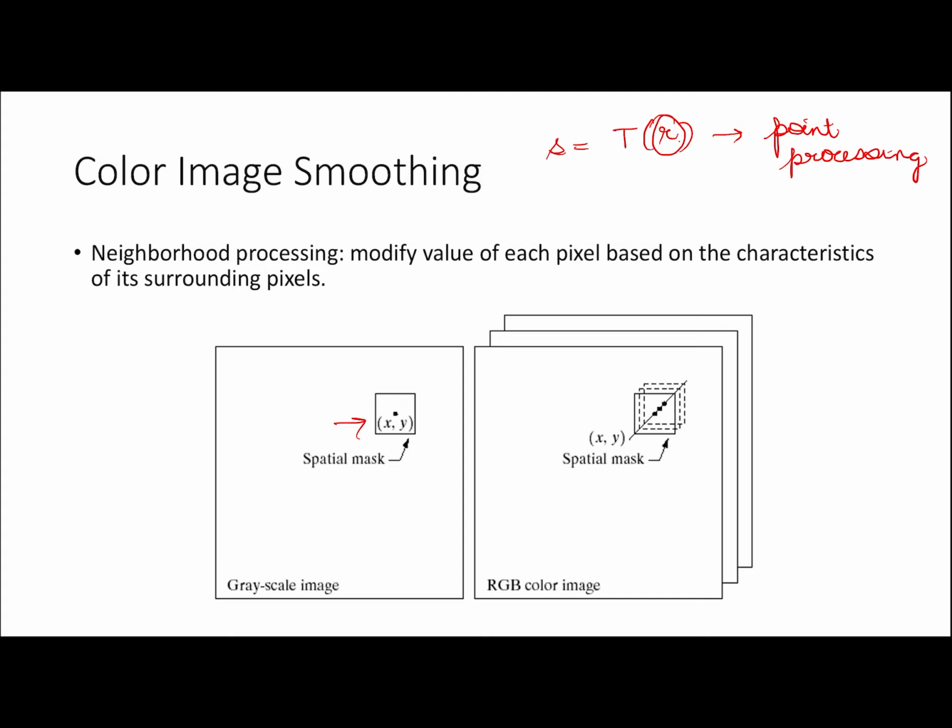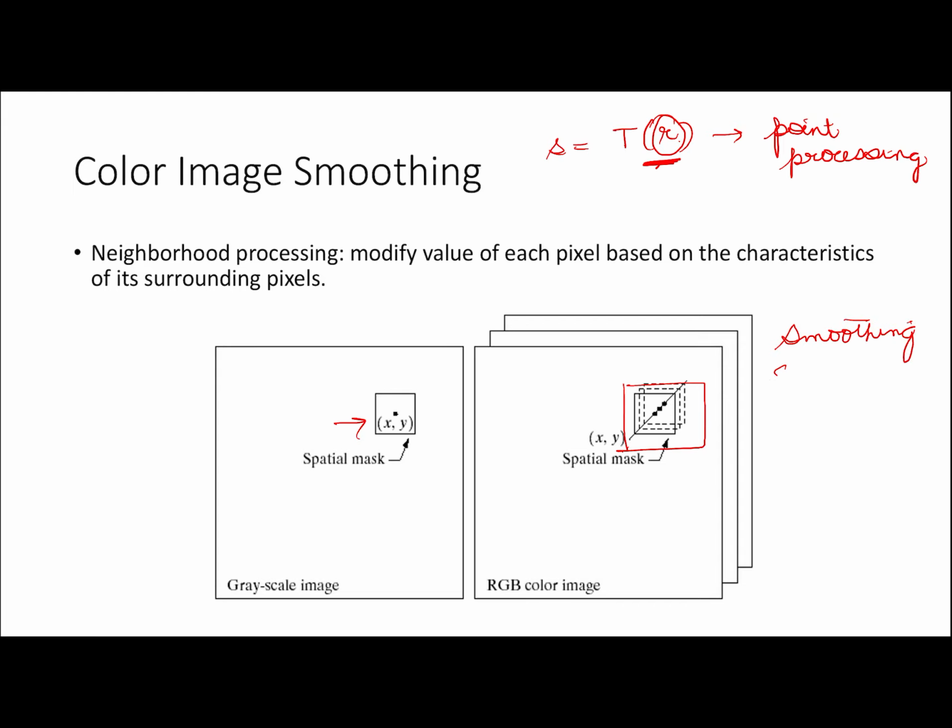Now in grayscale images we have also discussed another kind of processing technique, that is the neighborhood processing technique. Similar neighborhood processing can also be applied in the case of color images, where for processing an image it is not only the color of a particular pixel that we will consider, but we will also consider the color at the neighboring pixel locations.